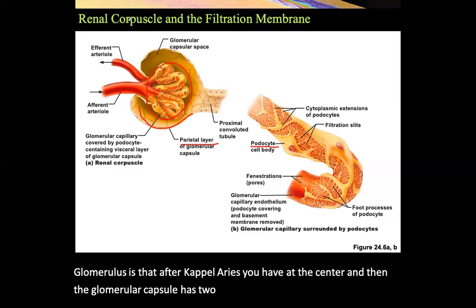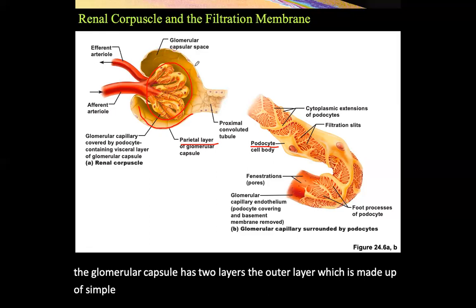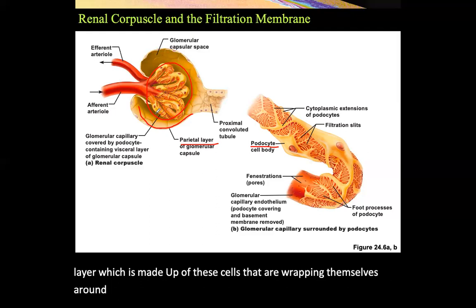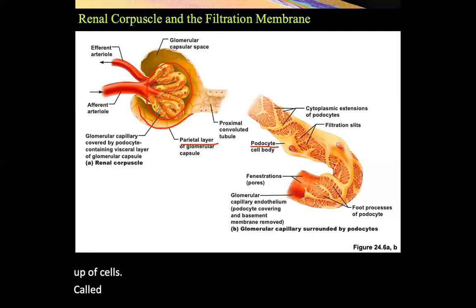The outer layer, which is made up of simple squamous epithelium, is called the parietal layer. The other layer, made up of cells that wrap themselves around the glomerulus, is called the visceral layer, and it's made up of cells called podocytes. Podocytes plus the parietal layer together make your glomerular capsule.